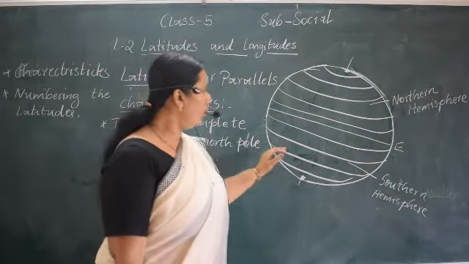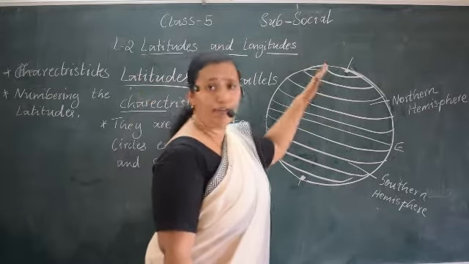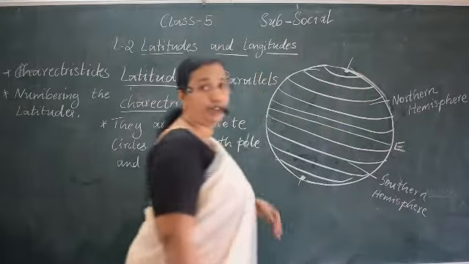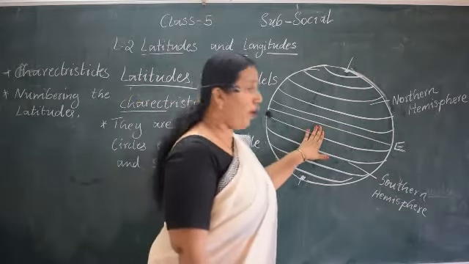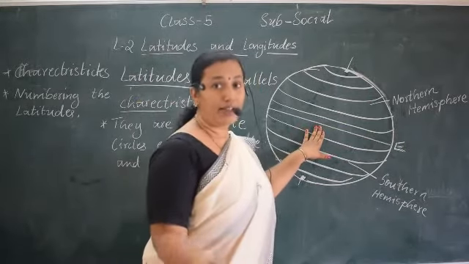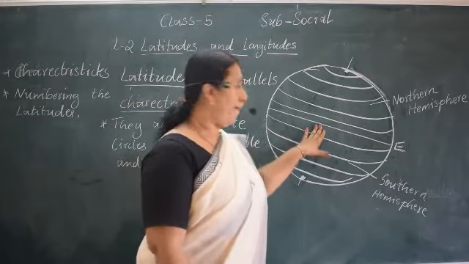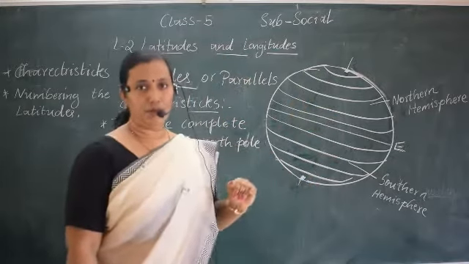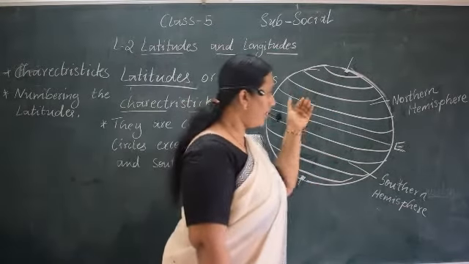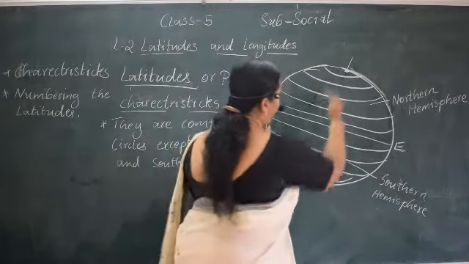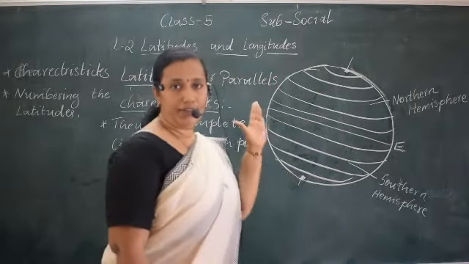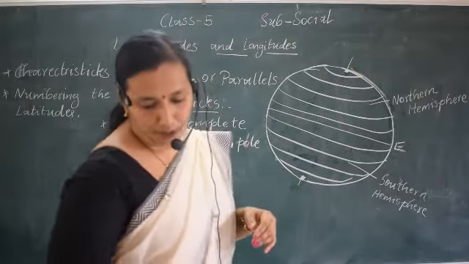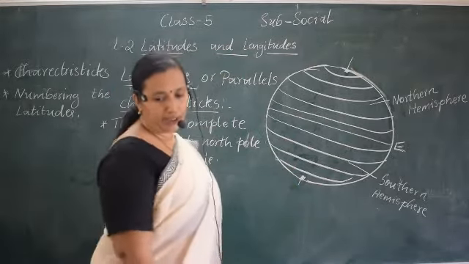This is the equator line, the longest latitude or important parallel. Latitudes are also known as parallels. When it moves away from the equator, both towards the North Pole and towards the South Pole, the length of the latitudes keeps decreasing.